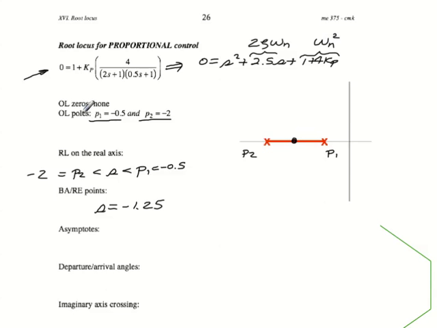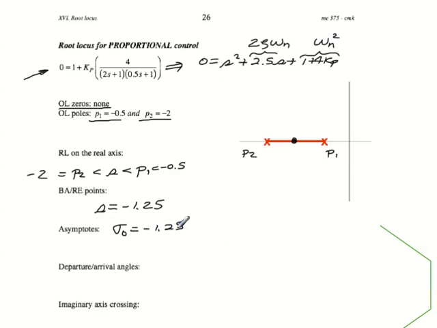Being that we have fewer open loop zeros than we do open loop poles, in fact 2, we have to look for 2 asymptotes. If you use the calculations, we find that the intercept is at minus 1.25, the same place where the breakaway point is.